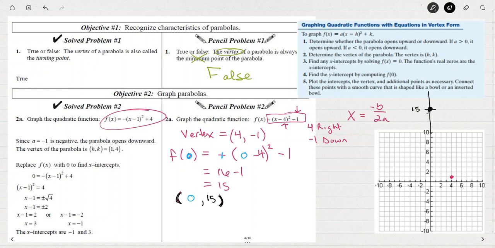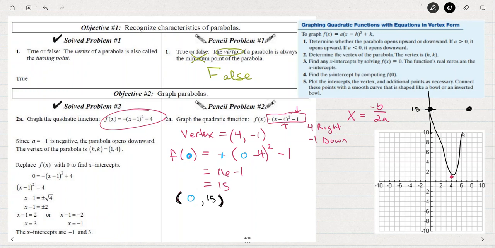And because parabolas are symmetric, I can see that if I went 1, 2, 3, 4 units left, I went up to 15. So if I go 4 units right, 1, 2, 3, 4, I'm going to have this other point here. And there we've got 3 points of our parabola, and we could continue graphing it.